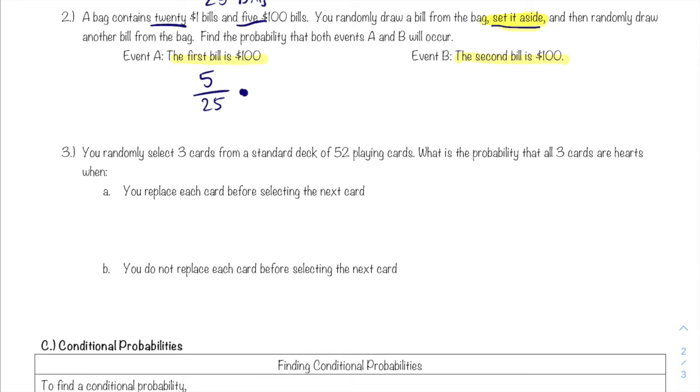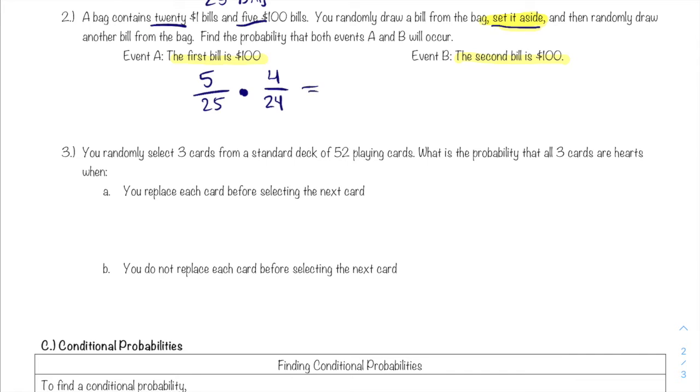So to draw another $100 bill, there is one less $100 bill now, since I've taken one out and not put it back. And there is one less overall bill, so 4 out of 24. So those are the odds of doing that.